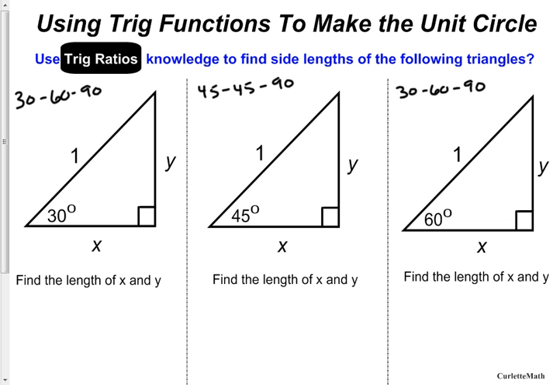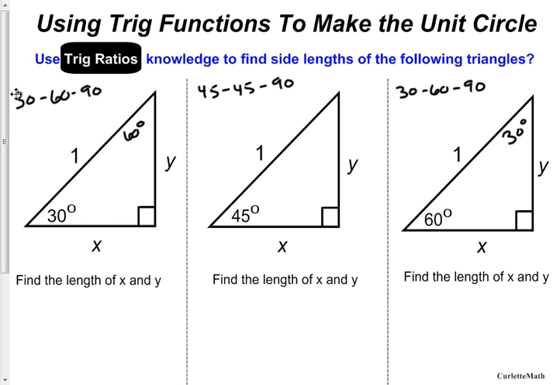But remember, a triangle is 180 degrees, so this angle measure up here is 60, and this angle measure up here on the last one is 30, to make a total of 180 degrees. So we'll see the similarities between the first triangle and the last triangle and what's consistent in the middle triangle.